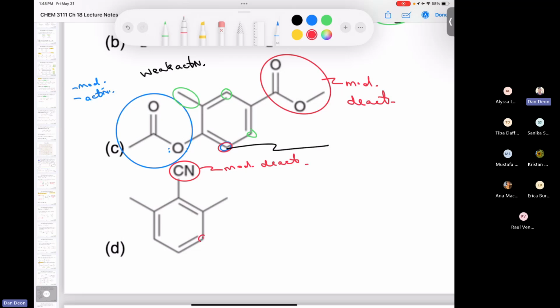And so it's going to direct to the meta positions, which are here. And then we have the methyl group. There's two of them, but that is a weak activator, which is going to be the strongest activator on here, and it's going to direct to the ortho positions. So that would be here and here, and then it's also going to direct to the para positions, which are the same blue circles. And so either one of these is going to be the position that is going to be activated.